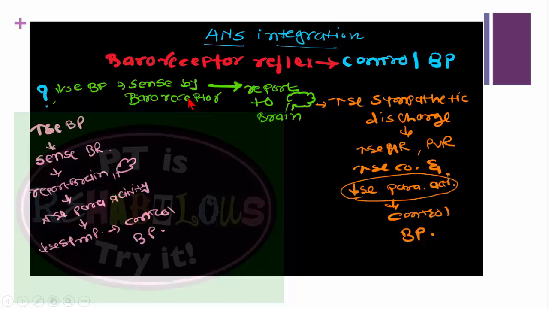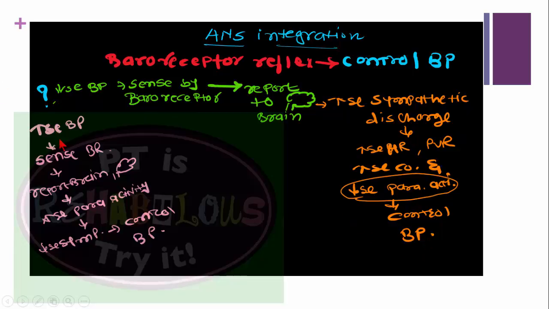It reports directly to your brain, and that's why there is increased sympathetic discharge. If sympathetic discharge increases, heart rate, peripheral vascular resistance and cardiac output increase, and parasympathetic activation decreases. So your parasympathetic activation is decreased and your sympathetic activation is increased. That's why your BP is under control.